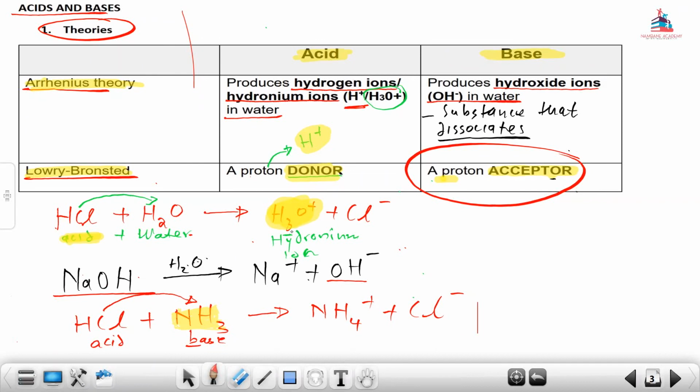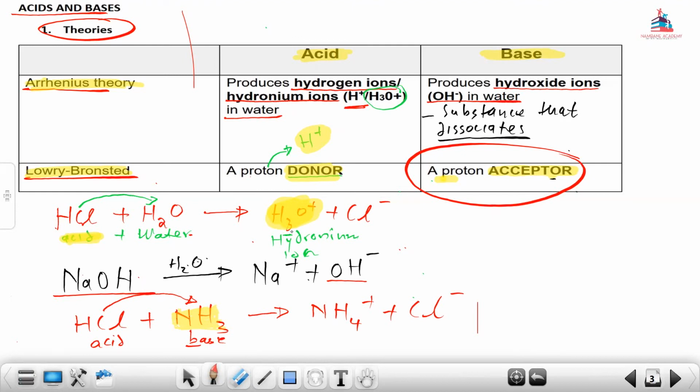Remember, what did we say? If you are losing electrons, you become more positive. But this one is gaining protons, so it is gaining a positive charge. So it will definitely become more positive. Okay, sir, thank you very much.